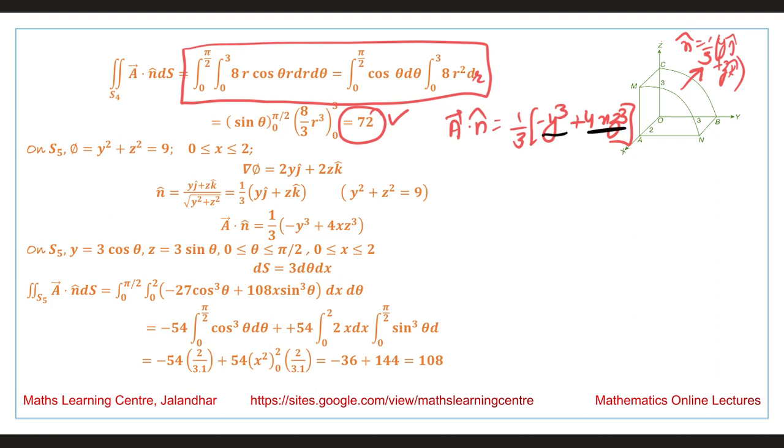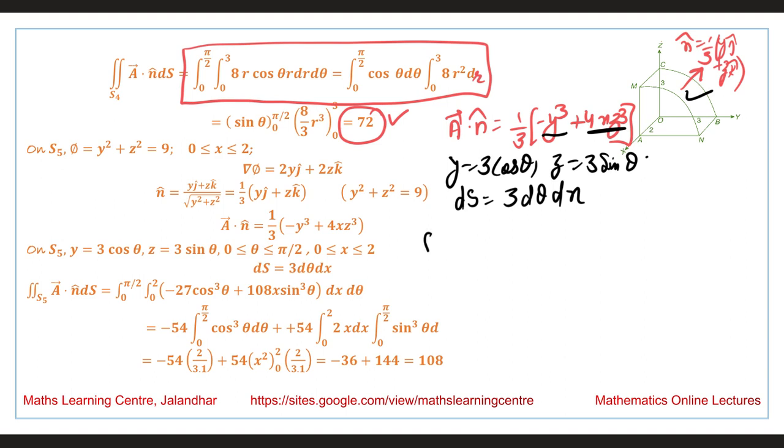So we write the equation of the circle in parametric form: y equal to 3 cos theta, z equal to 3 sin theta. The value of dS we obtain will be 3 d theta dx.